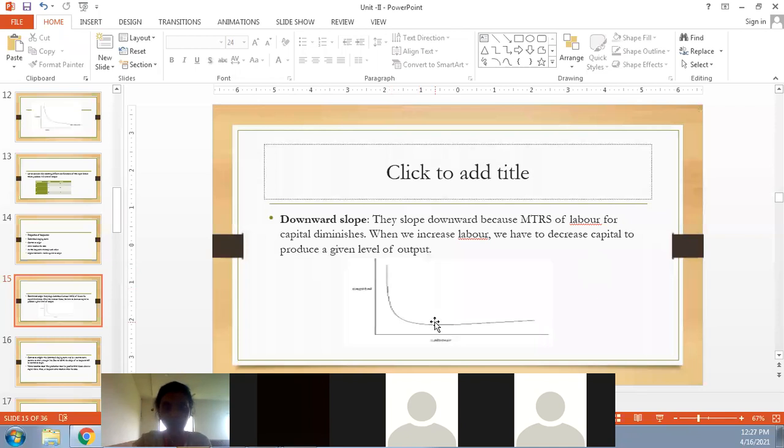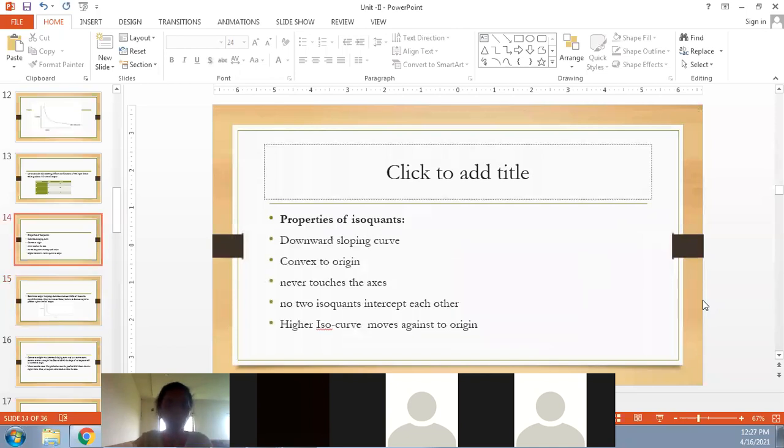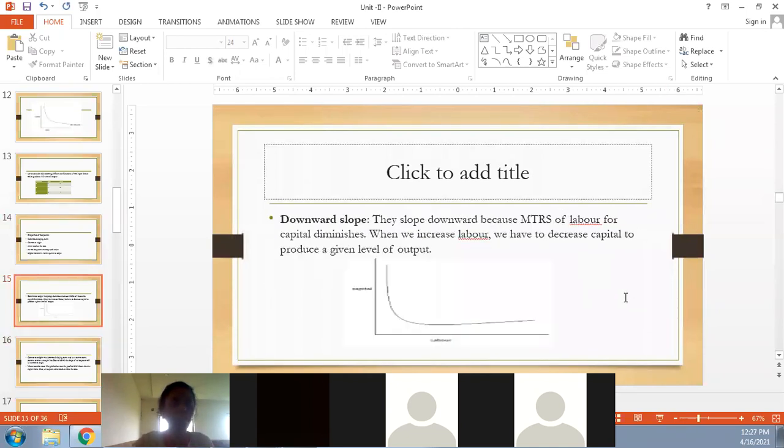Because of that, the slope of the isoquant curve will always be downward sloping. That is the first property of isoquant. What is the second property? Convex. Guys, it is already clear why it is convex to the origin. You have the knowledge about convex and concave.